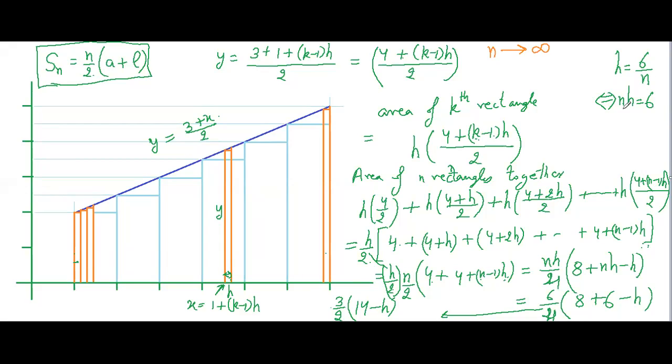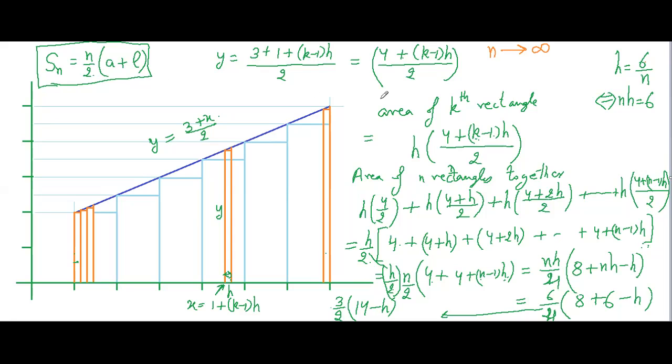H is some number like 6, which is a finite, limited number. But if you make its infinite parts, what will be each part equal to? Can you guess what the value of h will be then?